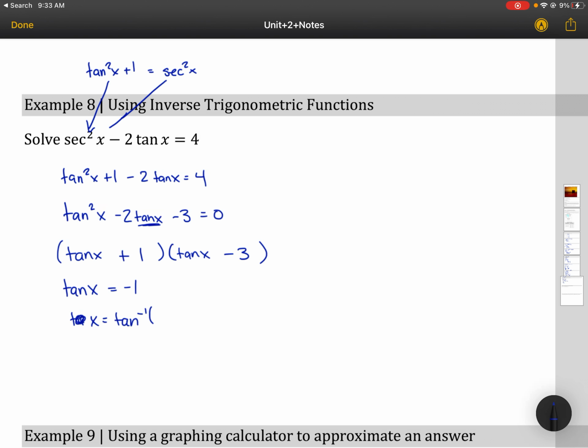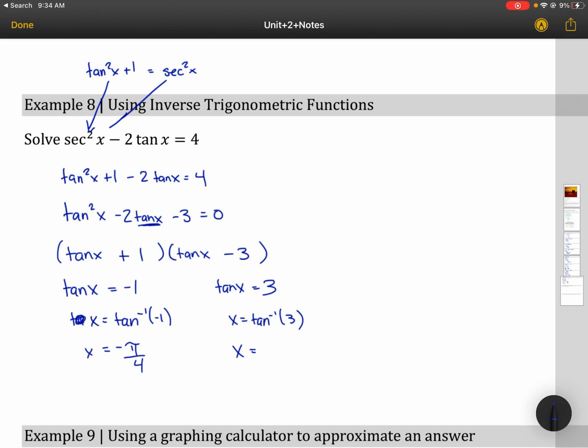So x is going to equal tangent inverse of negative 1, which means that x equals negative pi divided by 4. And then we get tangent x equals 3, or x equals tangent inverse 3.